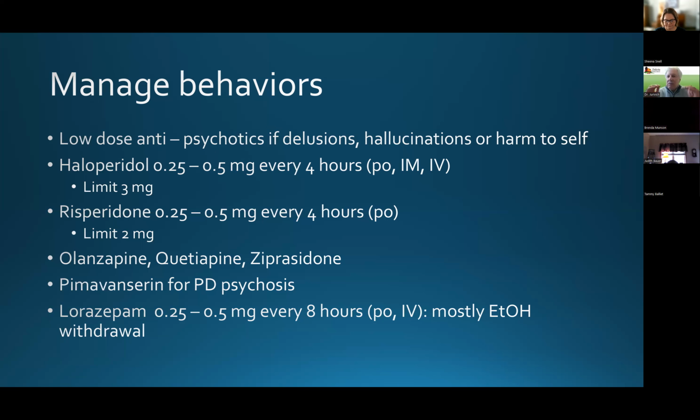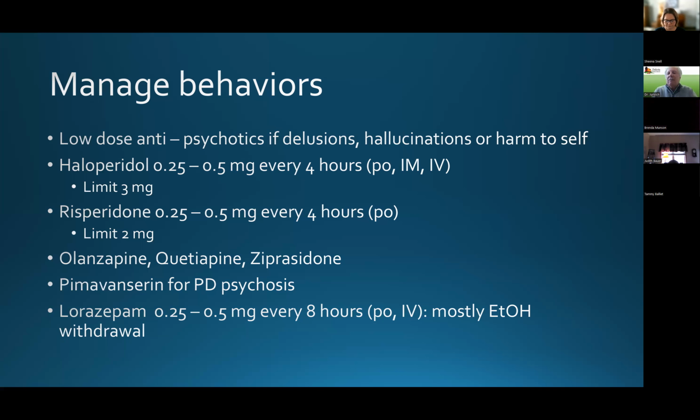So again, it's always a trade-off between trying to reduce the behavior, driven by whether they're a problem in terms of safety for themselves or others, like if they're tearing out IVs or heading down the hallway, causing problems and hitting people. Those are the types of behaviors that you want to treat chemically. These are chemical restraints.